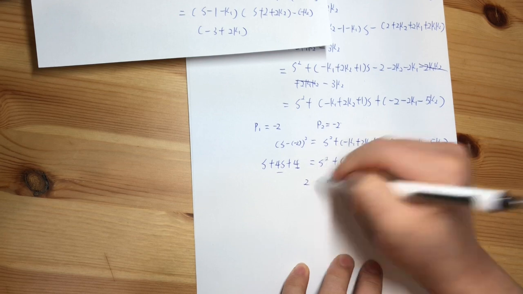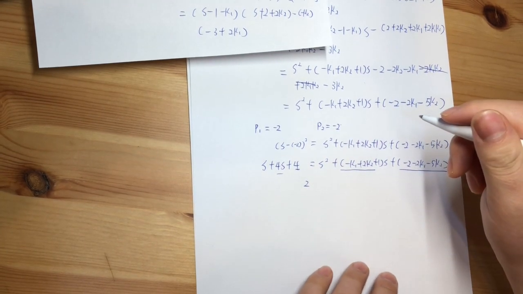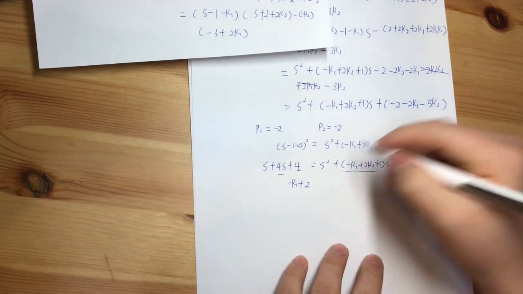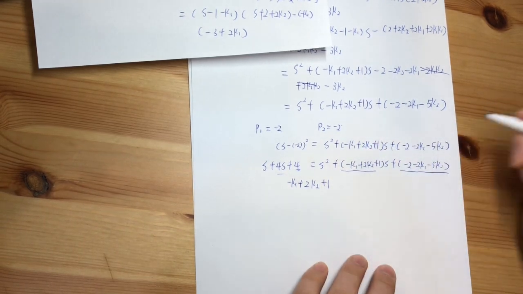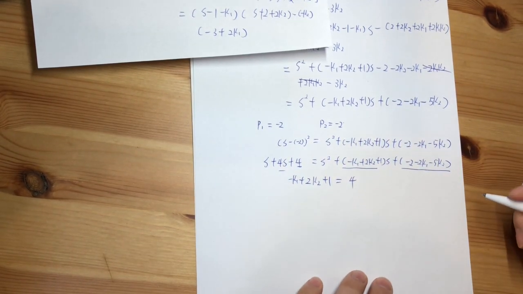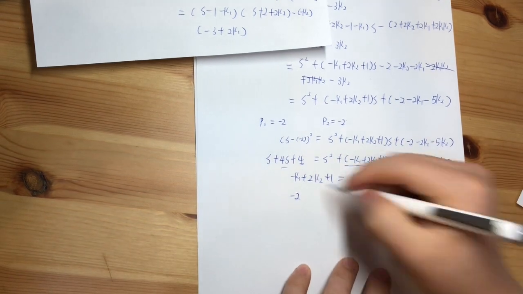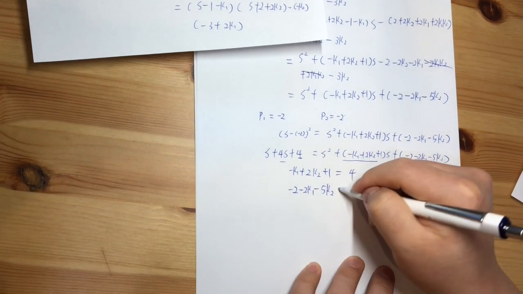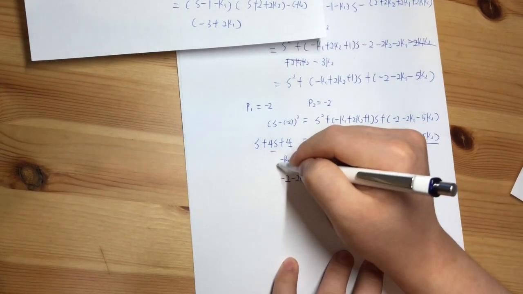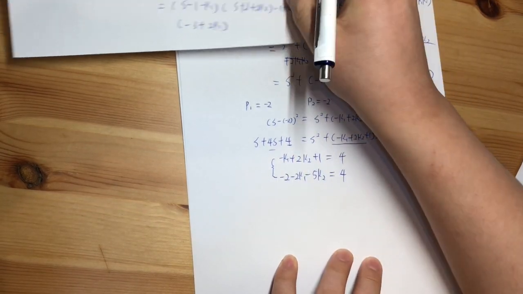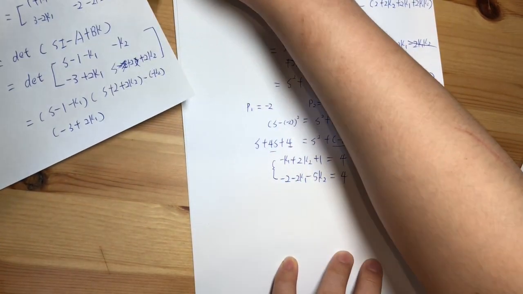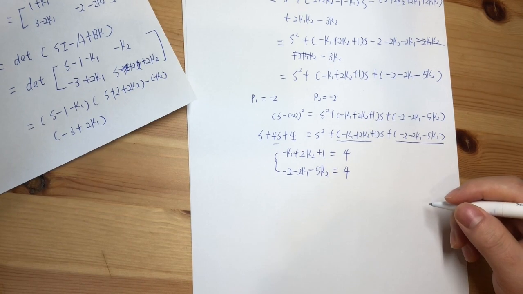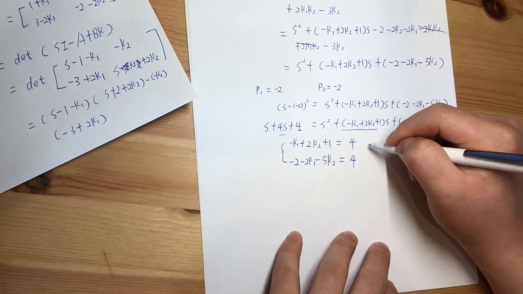Then we can write k1 plus 2k2 plus 1 is equal to 4, and minus 2 minus 2k1 minus 5k2 equal to 4. And then we need to solve these equations.